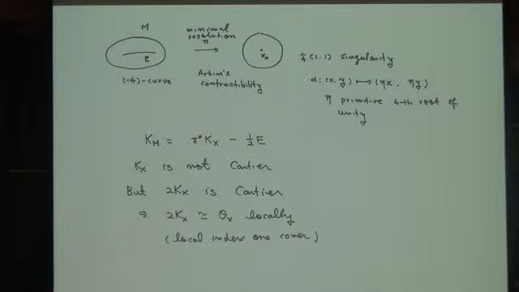The action is (x,y) goes to (ηx, ηy), where η is a primitive fourth root of unity. So in this case, if we compare the canonical divisor, then K_M is π^*K_X minus 1/2 E. So you can see that this is not an integer, which implies this is not a Cartier divisor, but if you take twice, then it goes to the integer.